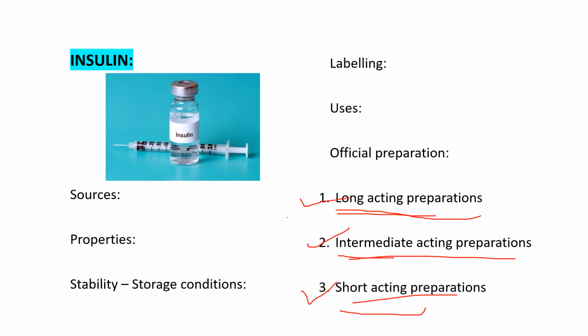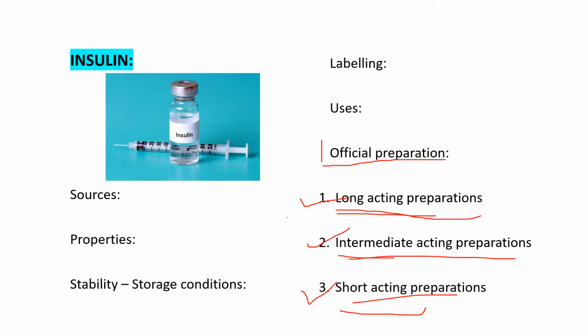Third, short acting examples: insulin injection IPBP, neutral insulin injection BP, insulin zinc suspension amorphous, officially in IPBP, biphasic insulin injection BP. These are the official preparations of insulin.